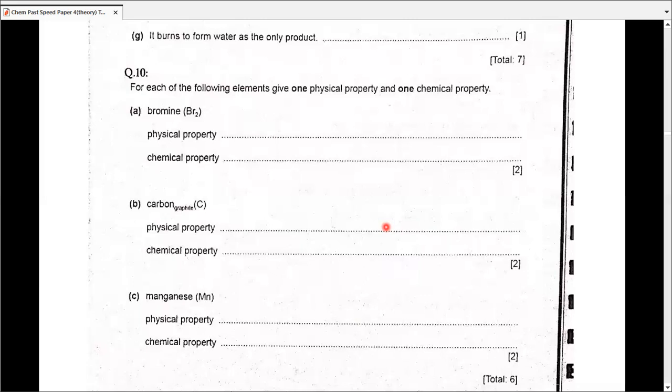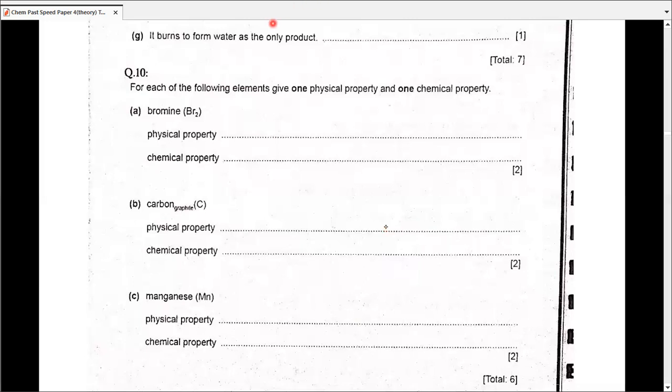Now, children get stuck over here as this is extremely easy. Can it react with air or oxygen in the air or water or an acid? Any one of these? Oh, come on, I've given you such a big hint.